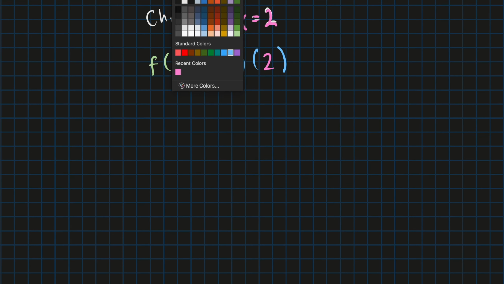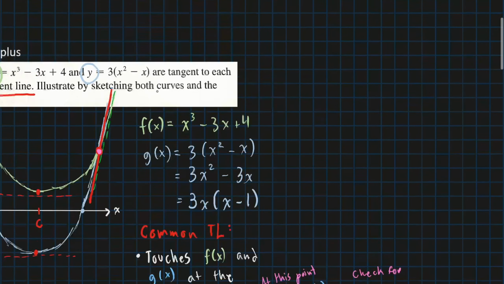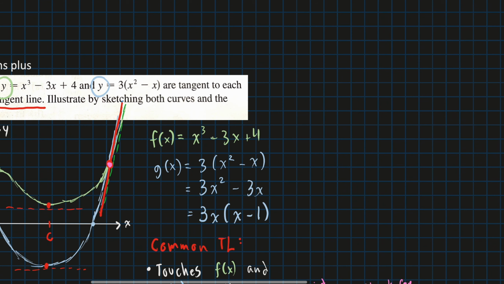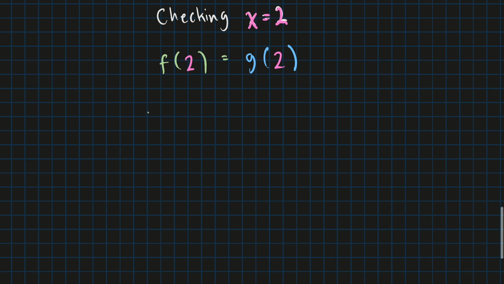If these two functions have the same y-coordinate at this point, that means that the tangent line is common. Okay, so what is f of 2? So recall that f of x is x cubed minus 3x plus 4. So f of 2 is just 2 cubed minus 3 times 2 plus 4.